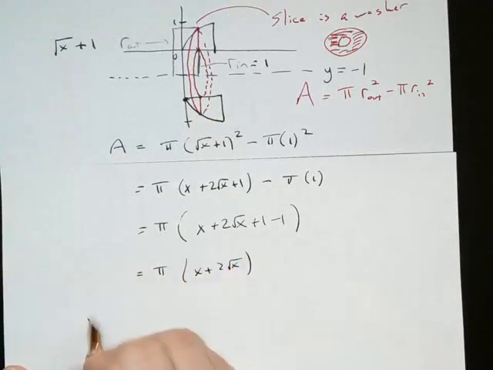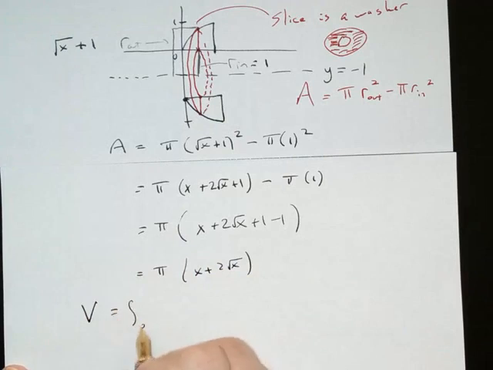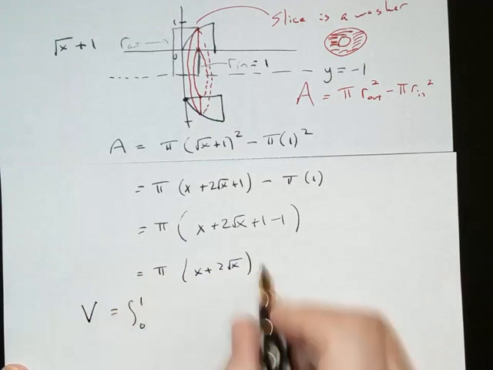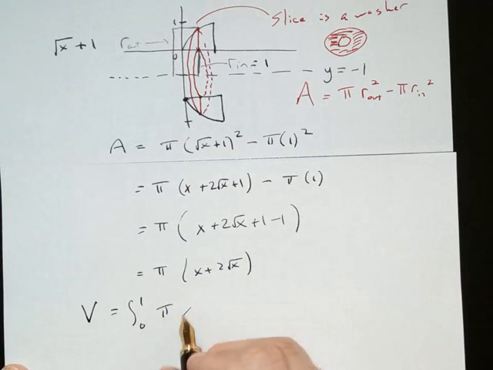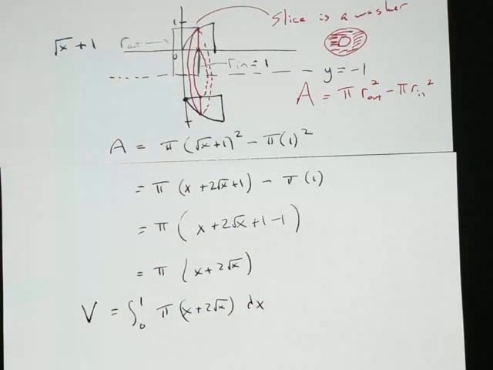And that means that my volume is still an integral from 0 to 1, but it's of a different function. So a volume of revolution, volume of rotation, comes in two flavors: disks and washers, depending on where the rotation axis is.